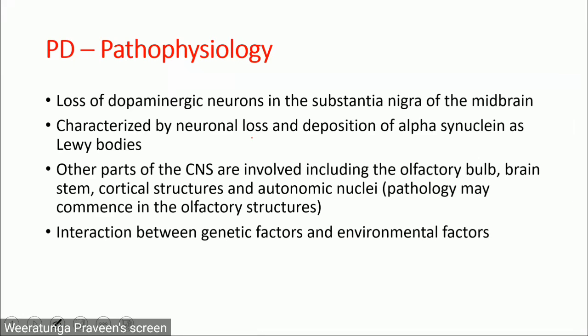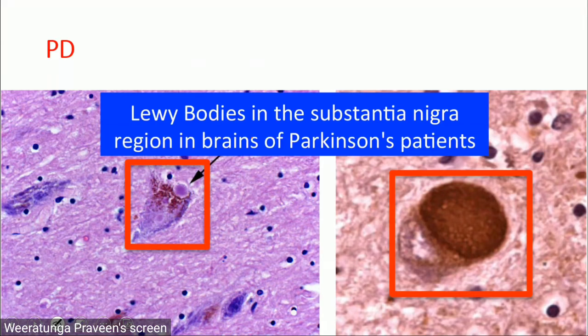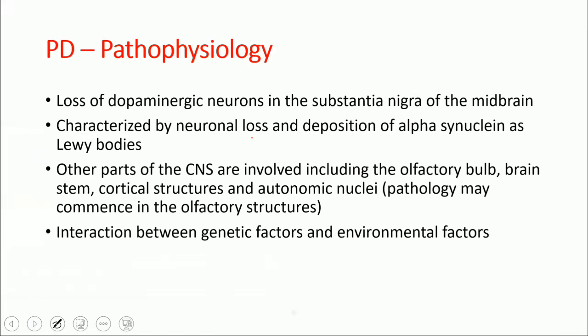Now, in idiopathic Parkinson's disease, pathologically, you have these structures which we call Lewy bodies in the substantia nigra region in the brain. What actually happens, and these are all for you to read, I'm not going to read this sentence by sentence, but listen to what I'm explaining. In Parkinson's disease, you have a loss of dopaminergic neurons.